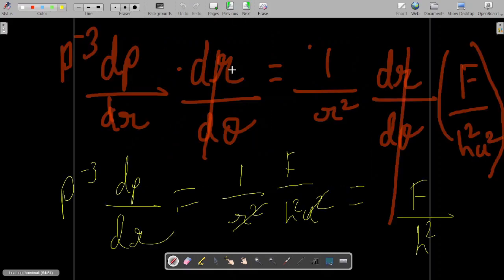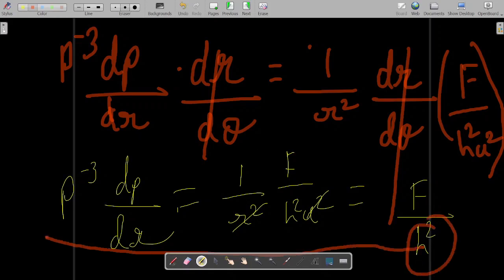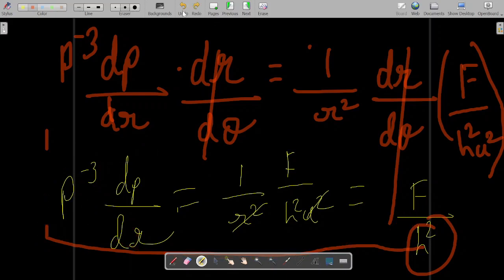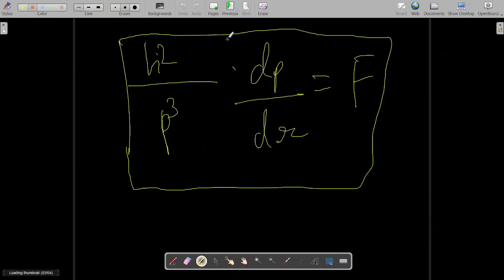This h square will go over here. This p cube, it is in the denominator, it will go in the numerator over here, and this will remain as it is. So you get it like this. This is your equation in pedal form.